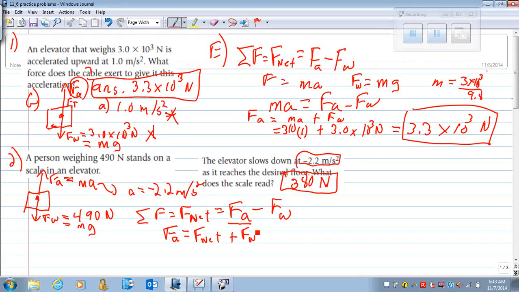And we know that the weight force is 490 because that's what they told us right here. We know that the net force is equal to mass times acceleration, so this is equal to mass times the acceleration of negative 2.2. That's what they told us here.